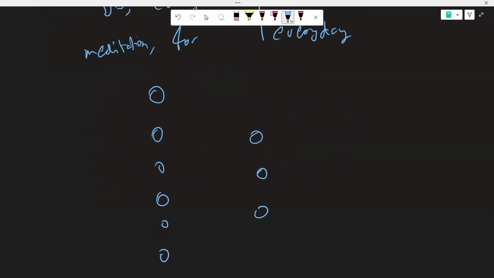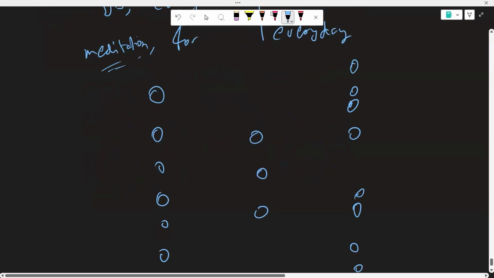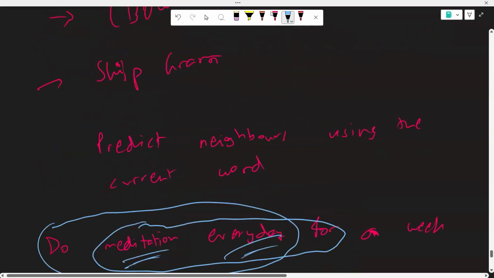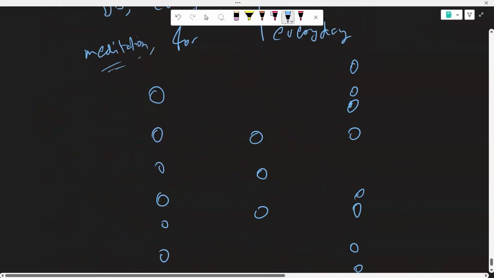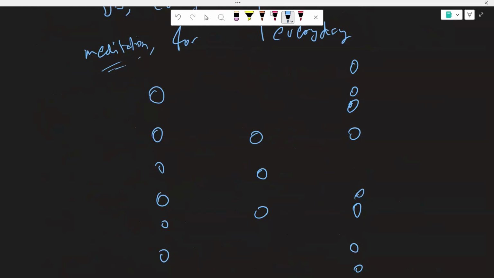And now you will have the representation for output. Let's say if you want to see the output for meditation, I will have, let's say, 4 units represented for meditation, 4 units represented for the next word. It depends on what you're passing. The neural network architecture is almost the same. The only difference is what you're passing in input and what you're getting in output. It's just flipped.